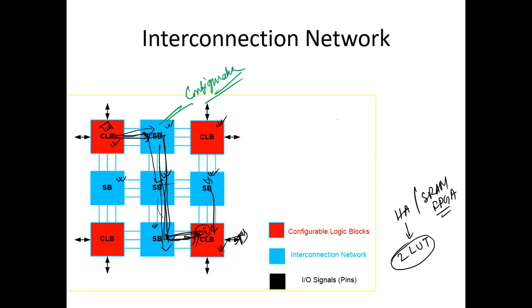The interesting part is that the controlling part is not in our hand. What we are actually saying is that if this is the configurable logic block, this color shown is the interconnect network, and this arrow is connected with the outside world, that is the IO signal or IO pin. Clear?